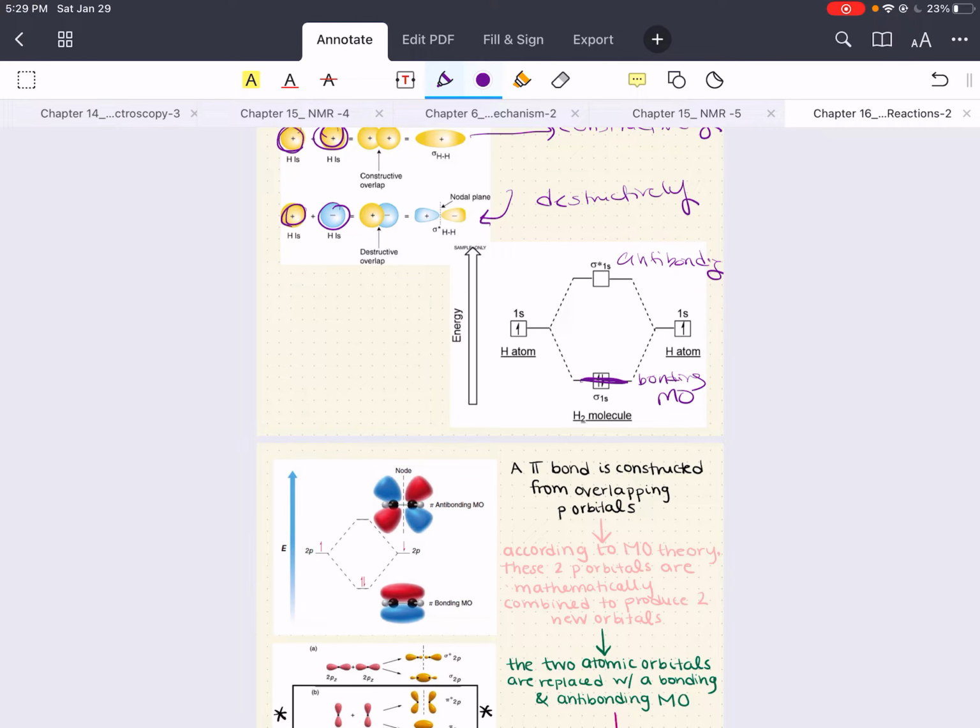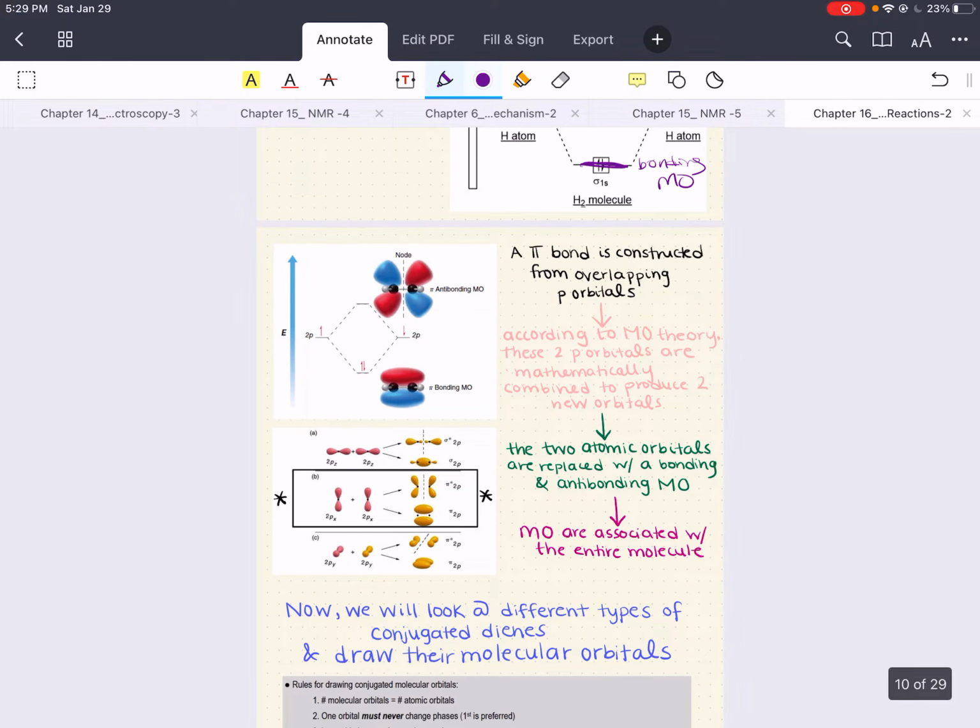So for pi bonds, the two atomic p orbitals are replaced by two molecular orbitals, either a bonding MO or an anti-bonding MO. So let's look at this with several examples so we can draw the molecular orbitals for several conjugated dienes.